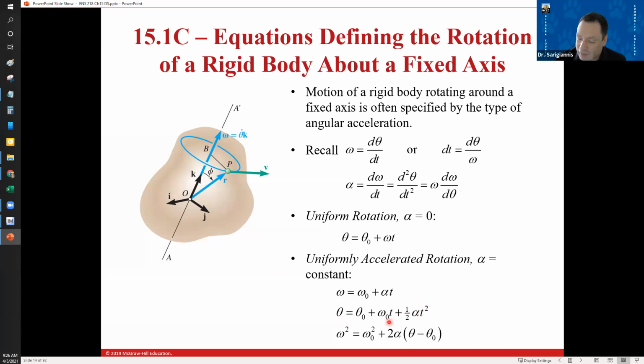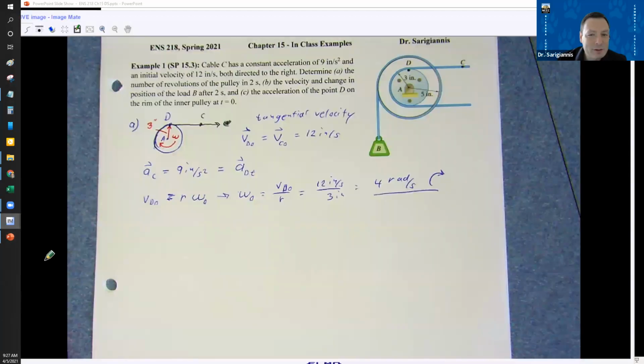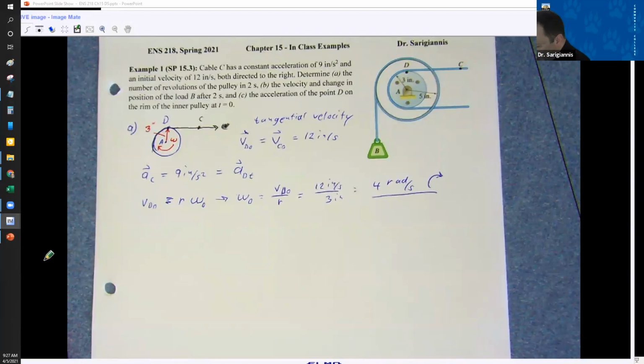So we'll use all this to figure out the velocity and the angular acceleration, and then we can figure out the number of revolutions at 2 seconds. So let's go back to the slide. So that's our omega naught.